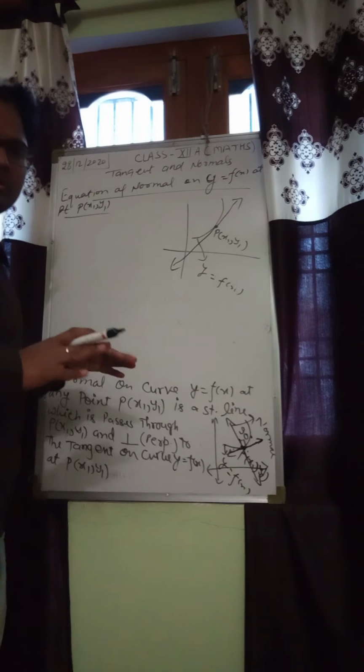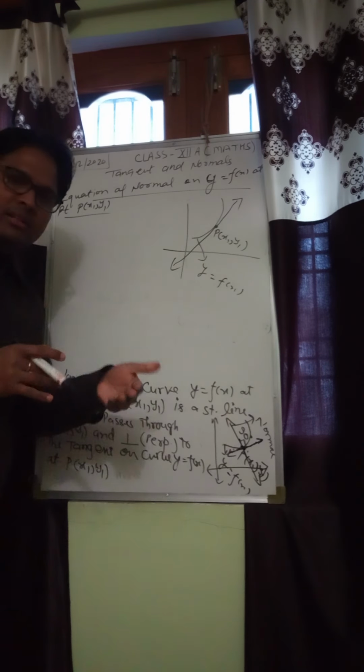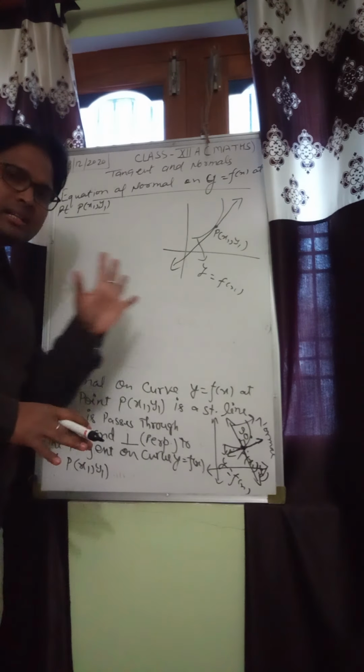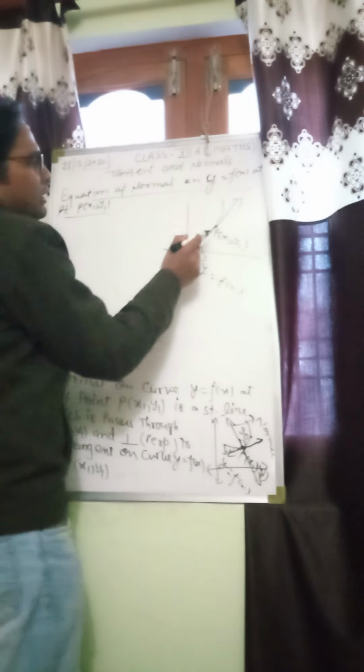Listen, for drawing the normal at any particular point, first of all we have to draw the tangent at that particular point, which is this one, and after that draw a line which passes through this point and is perpendicular to this tangent line.